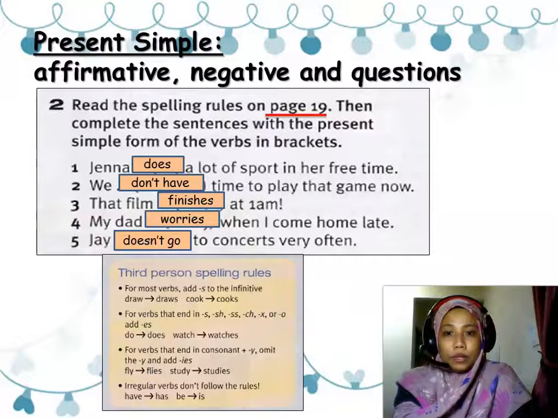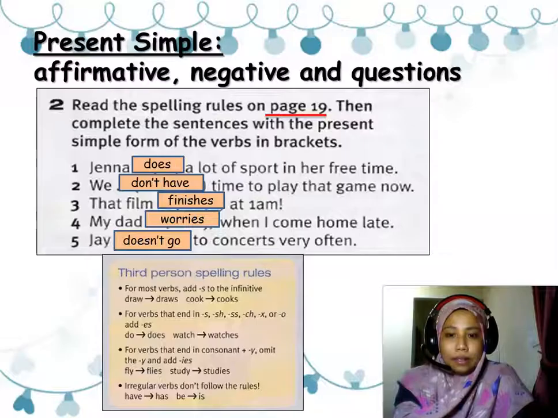According to the third person spelling rules, for most verbs, add s to the infinitive, such as draw for draws, cook for cooks. Next, for verbs that end in s, such as watch, add es.